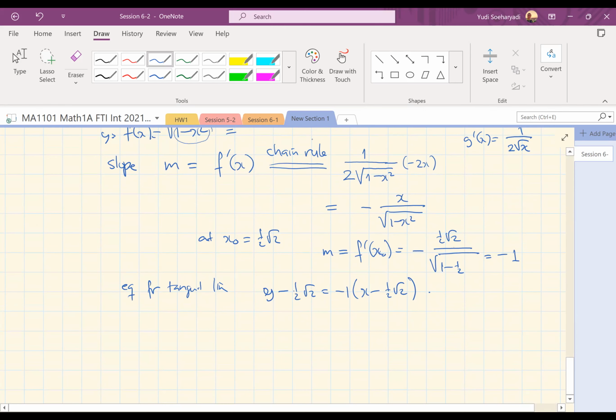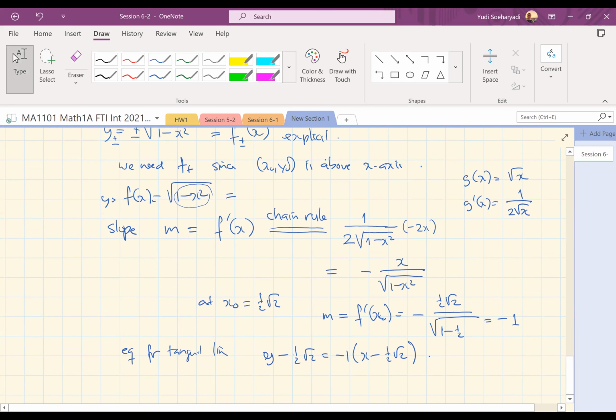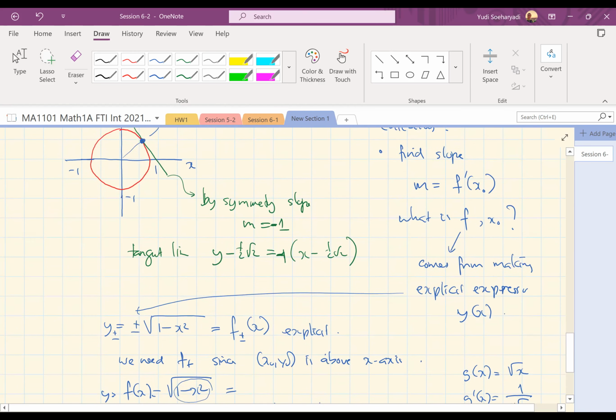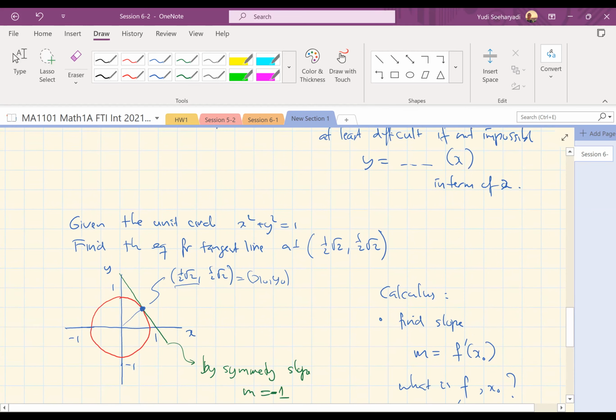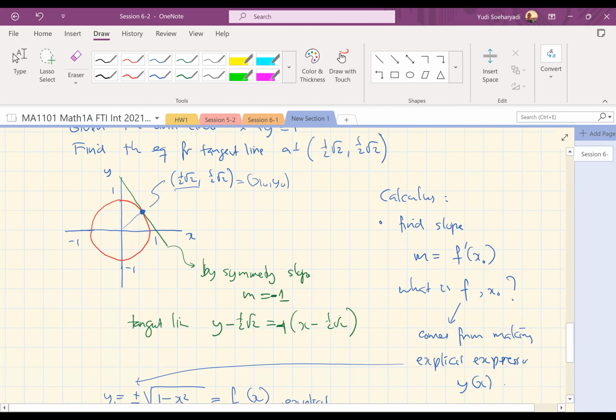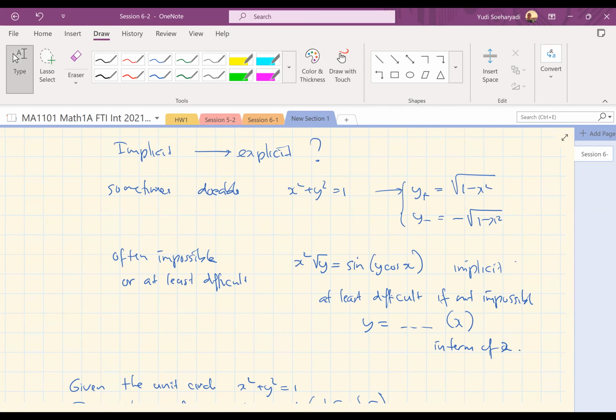We can do this. This is just a fortunate situation where you can compute f, so we can find the explicit expression. And the thing here with these functions, something makes it difficult.